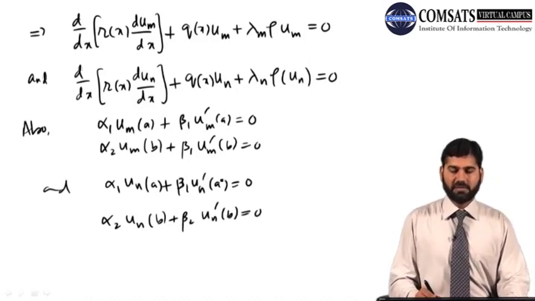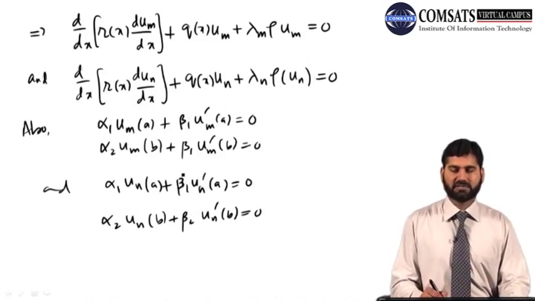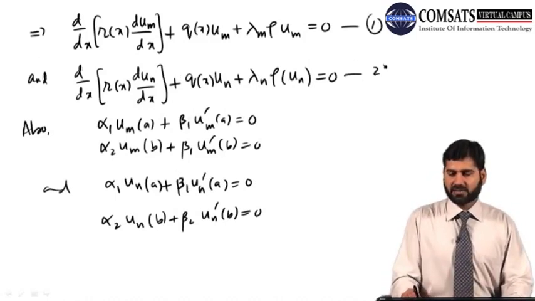So these all will be there because um and un are the solutions of the system. So let's call it 1 and let's call it 2.